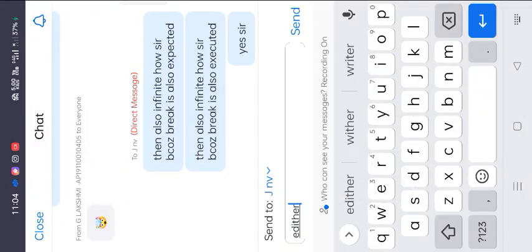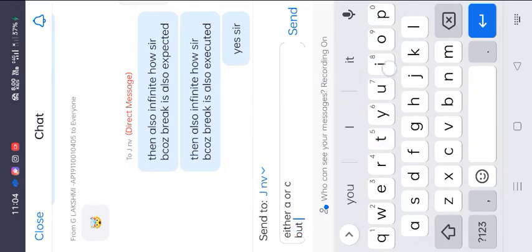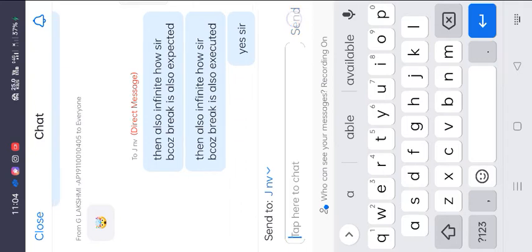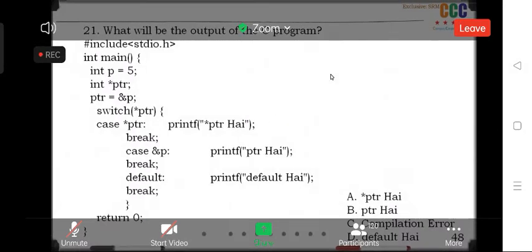Yeah, come on. Mohit: C, compilation error, as we are dereferencing an address-of operator, which comes as an expression. Okay. Star PTR. Lakshmi is saying yeah.